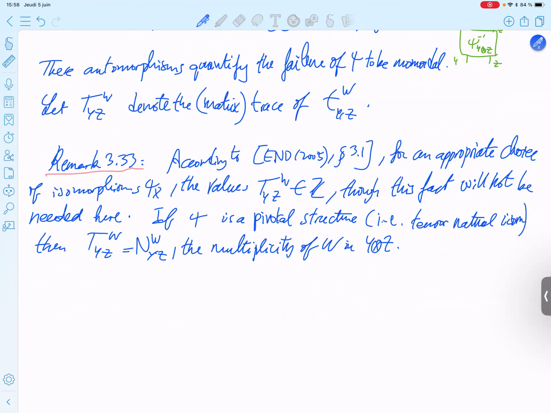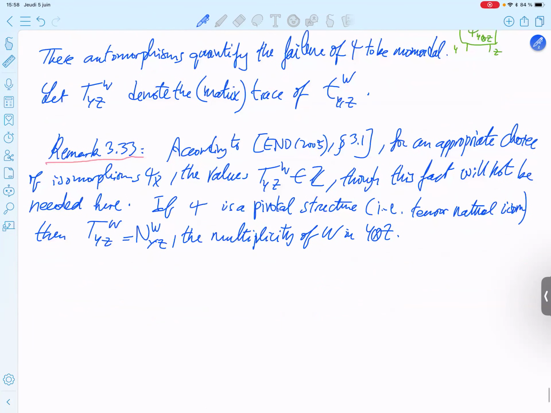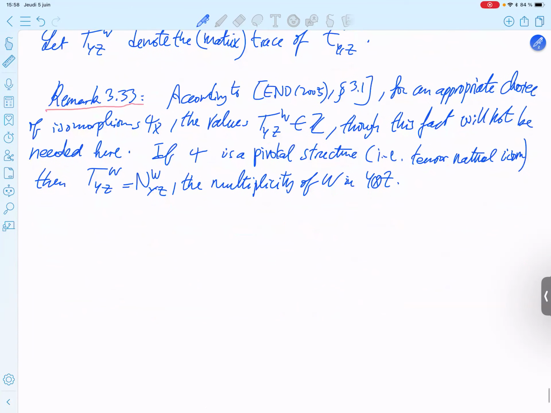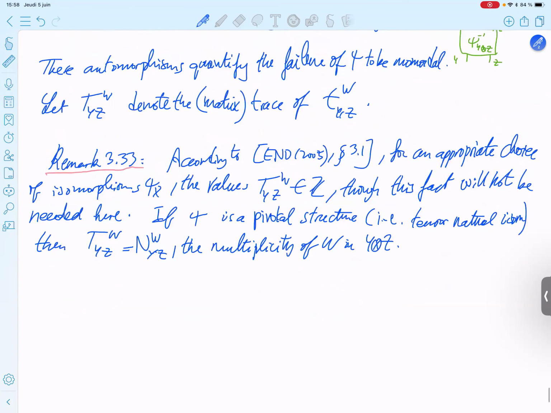So this number, in general, depends on the choice of the natural isomorphism. But we know that changing the natural isomorphism means composing it by a natural automorphism of the identity functor. And we know how this number changes if you compose by such a natural automorphism.